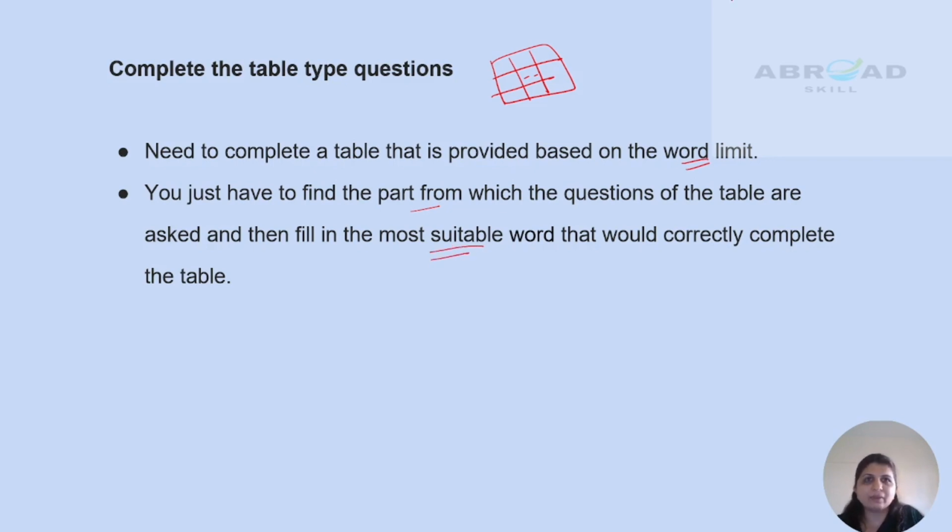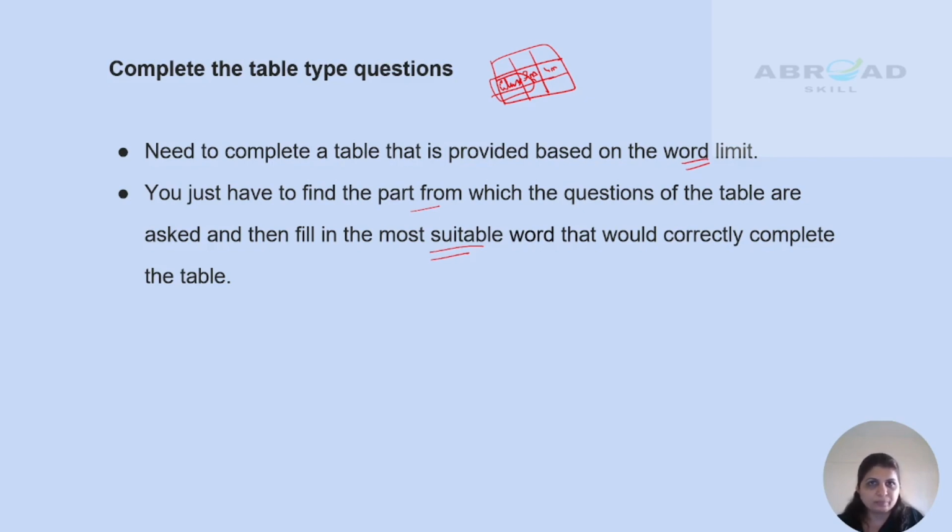For example, the table may ask you for some details about a glass. The glass width might be, suppose, 3 mm and the height 4 mm, or whatever it is. Here it's already mentioned that it is about glass, so in the passage, determine the information based on the word glass. The keyword for you will be glass.